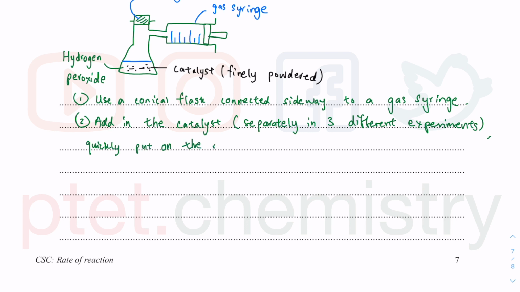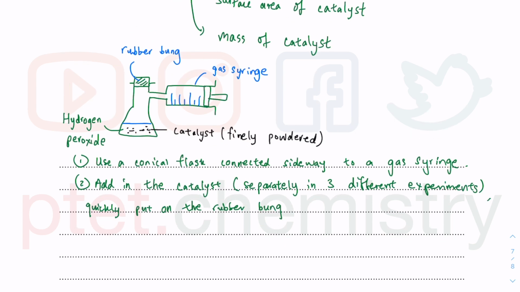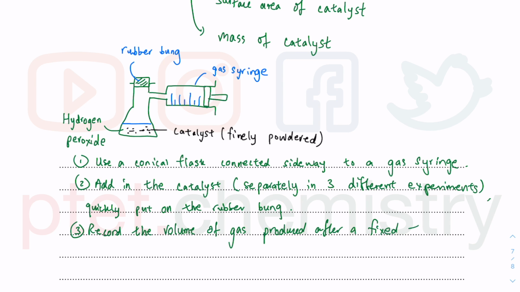You want the rubber bung to prevent the escape of gas. This is the rubber bung there. You want to prevent the gas from escaping. You want the gas to fill sideways onto the gas syringe there. Record the volume of gas produced after a fixed time, recorded on a stopwatch.